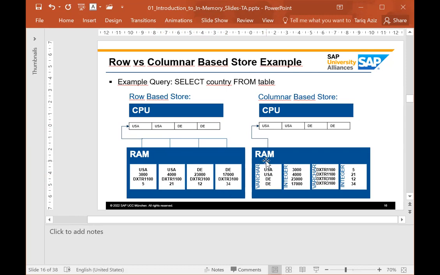But in this case, I'll just go up there and read it. Here I'm reading from everywhere, all columns. But in this case, I'm just reading one column. This is column-based store. So basically, row-based or column-based is about the reading and the writing, how you write and how you read.